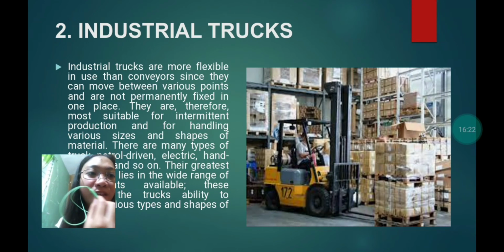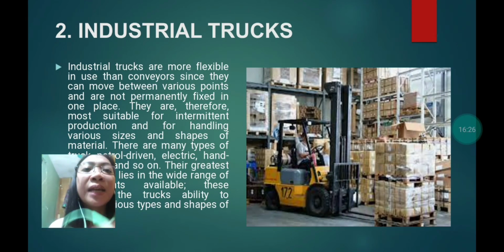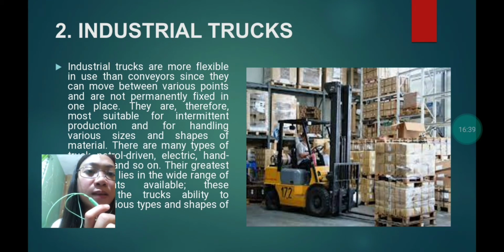Next, we have industrial truck. Industrial trucks are more flexible and widely used than conveyors, since they can move between various points and are not permanently fixed in one place.